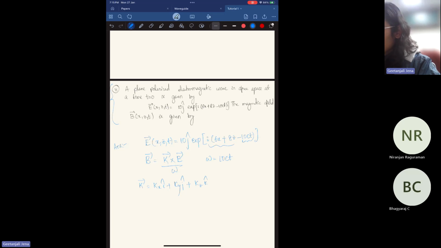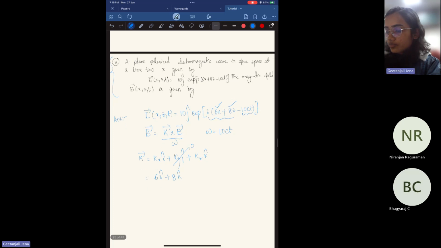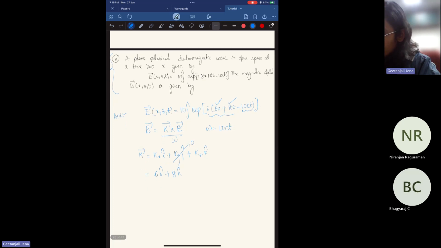If you see this expression, the wave is propagating in the x-z plane, so there is no ky term here. kx is the coefficient of x, it is 6 i cap, and kz is the coefficient of z, it is 8 k cap. So that means you know what k is now. You just have to put in the values to find B, which is k cross E by omega.